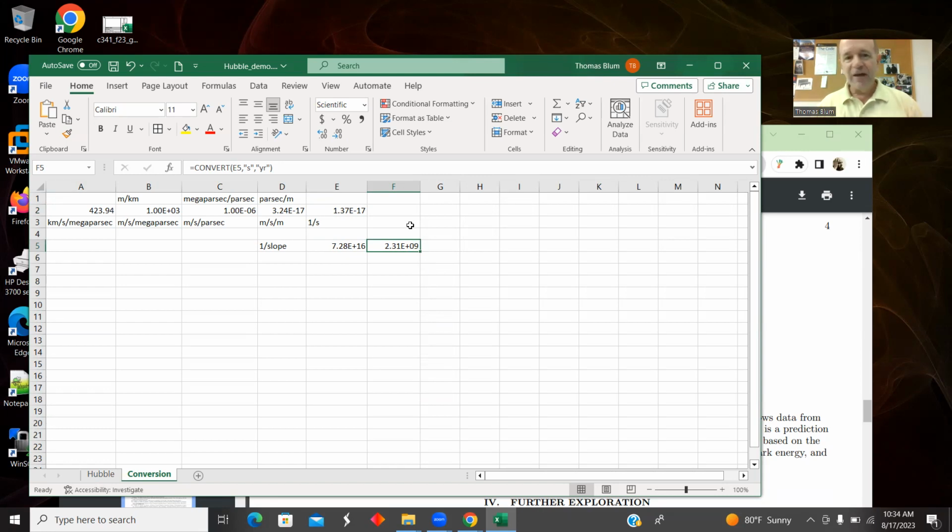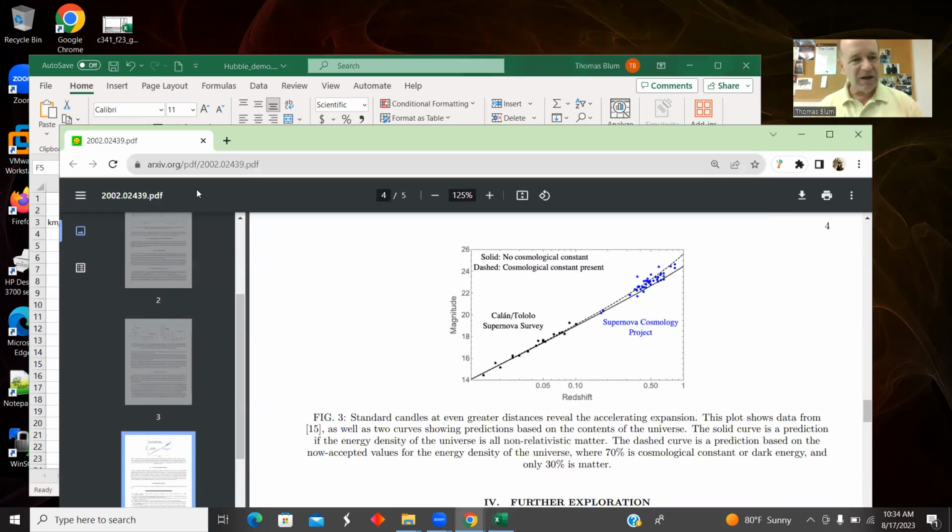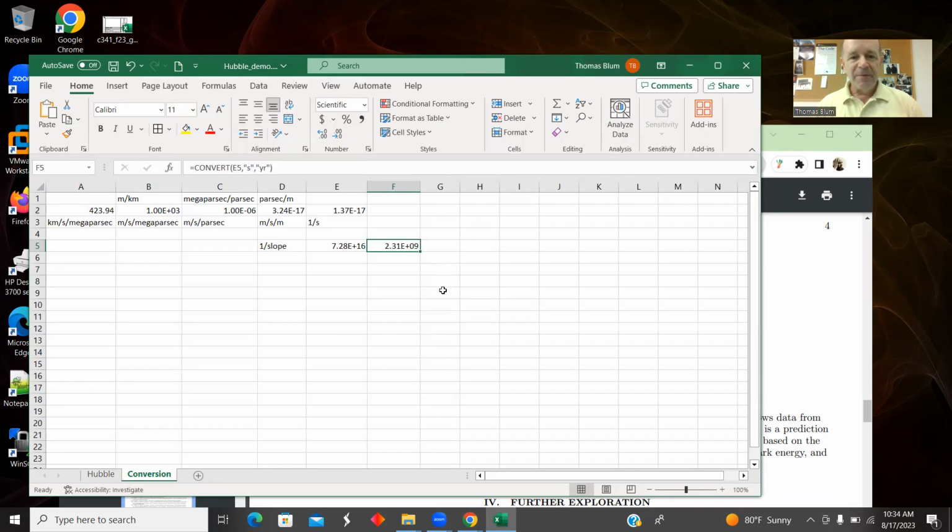So this isn't the age of the universe, but it is of the order of magnitude. So we have to get better data than this original Hubble data, which you can see in this paper, but it also doesn't necessarily mean that this reciprocal of the slope is just the age. There may be some multiplicative factor in there between the age and this particular slope, this particular set of data being plotted.